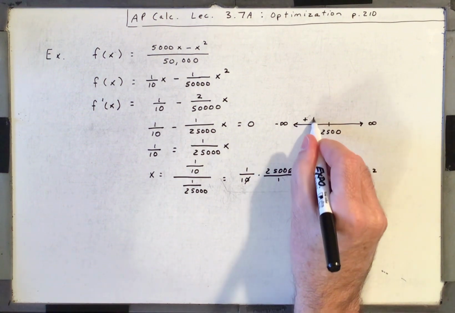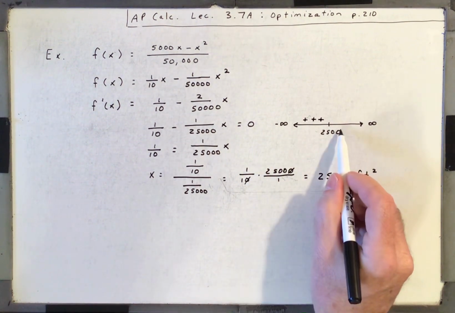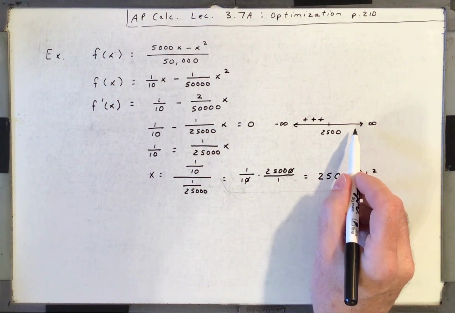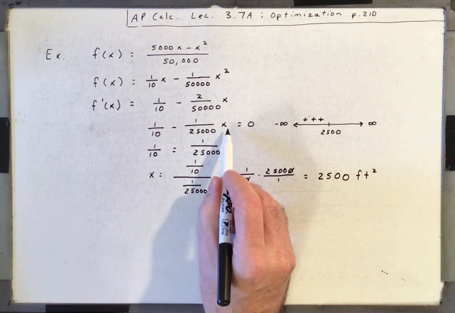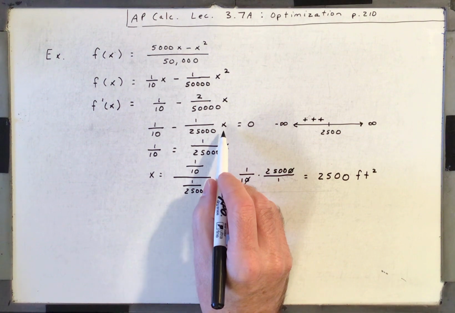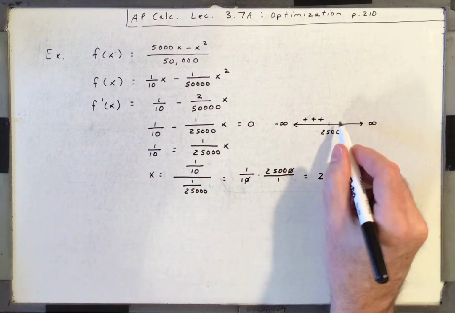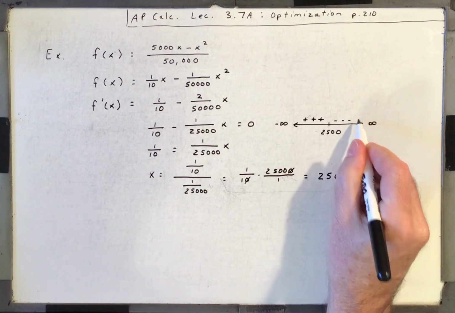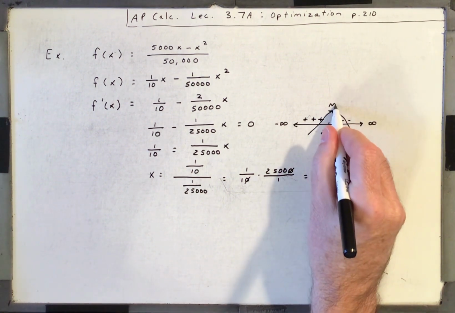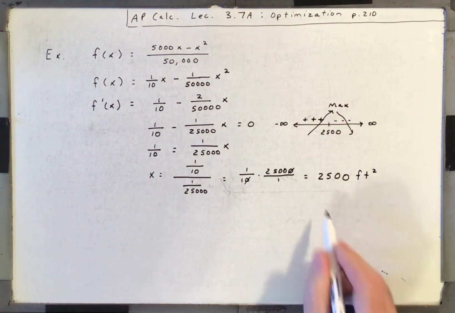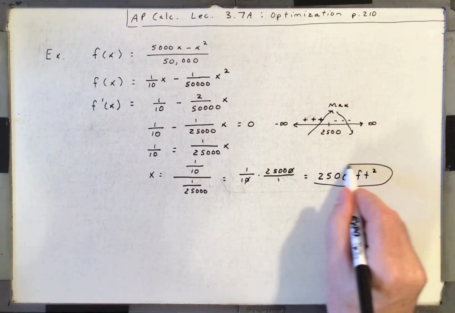That's positive. So far so good. And then let's put, I don't know, a million. So 1/10 minus 1 over 25,000 times a million. So we're going to end up being negative on that side. So it is indeed a max. So the maximum is 2,500 square feet.